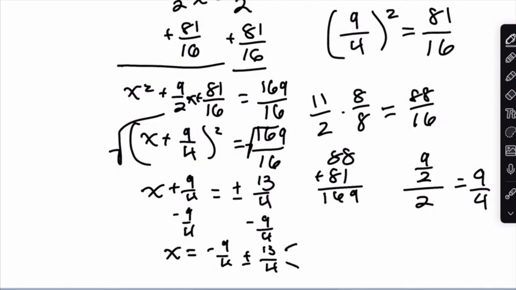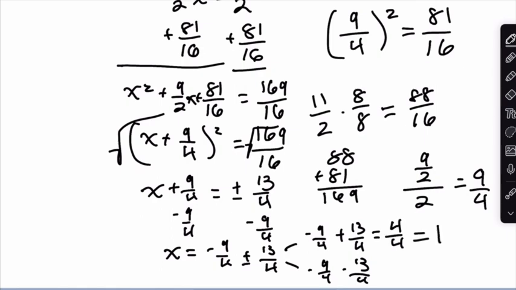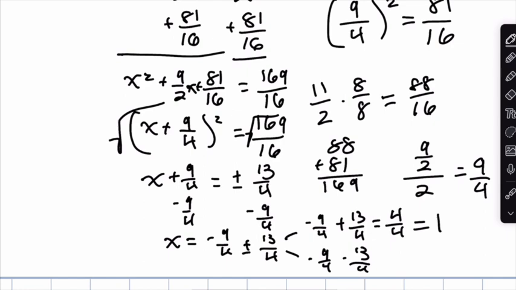So when we split that off, we have negative 9/4 plus 13 over 4, and we have negative 9/4 minus 13 over 4. So for this first equation, 13 minus 9, 4 over 4, and this equals 1. So that is our first solution.